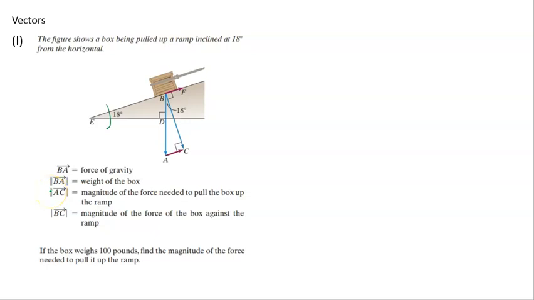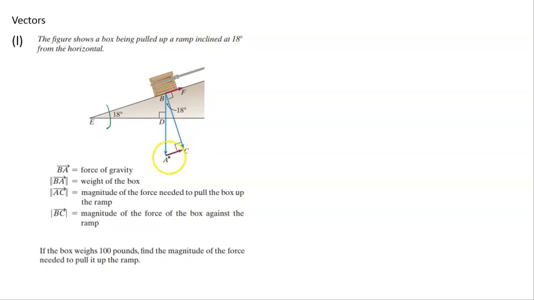Now, the magnitude of BA is the weight of the box. Remember how I told you weight is really mass times acceleration? So the weight should be pointing in that same direction, but your weight is just going to be the magnitude of the box. They're not saying it's a vector, it's just the magnitude. Now AC, where's AC? You see that across the bottom? It says the magnitude of AC is the force needed to pull the box up the ramp.